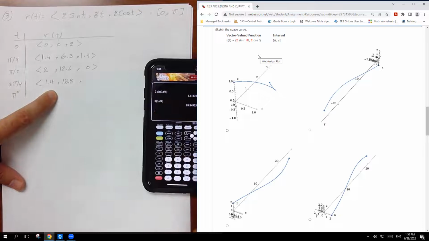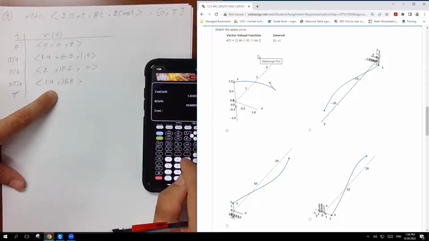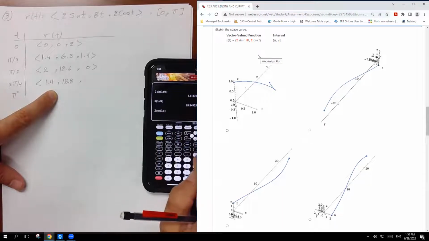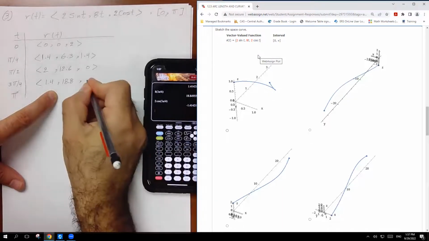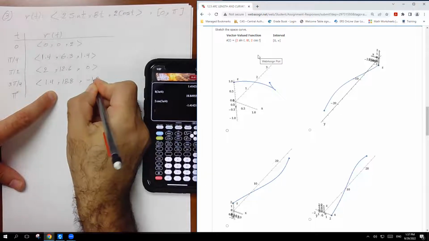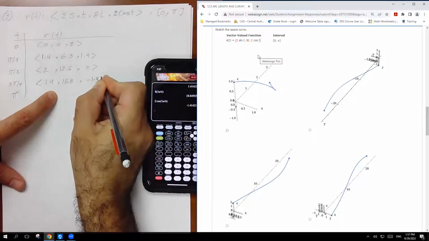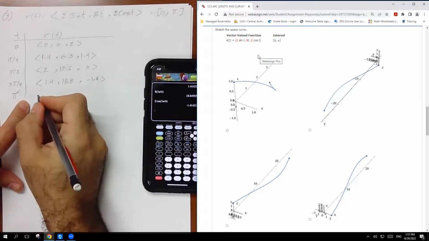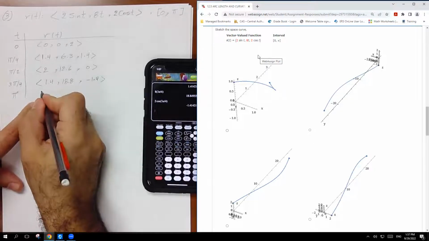Plug in with the third one, 2 cosine t, and it's 2 cosine 3 pi divided by 4. It's going to be negative 1.4 and 4.1. Okay, the last one, 2 sine t. This one is going to be 0.